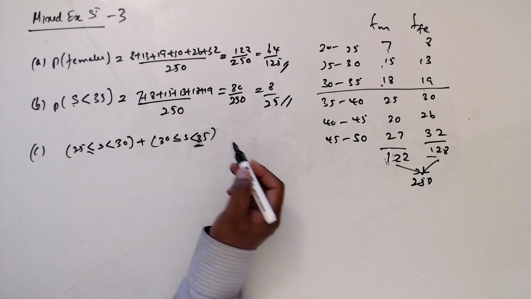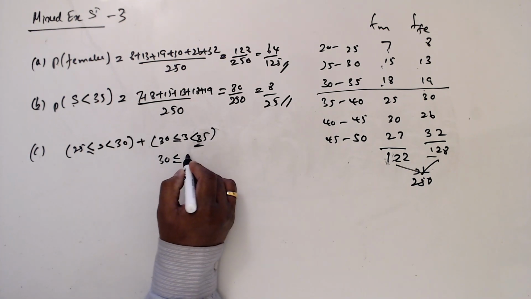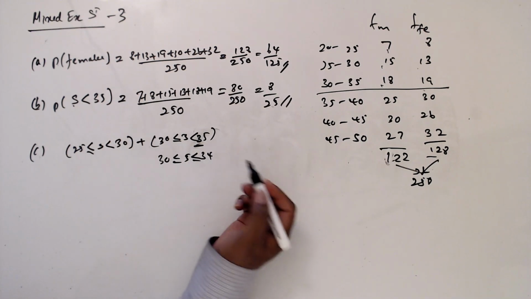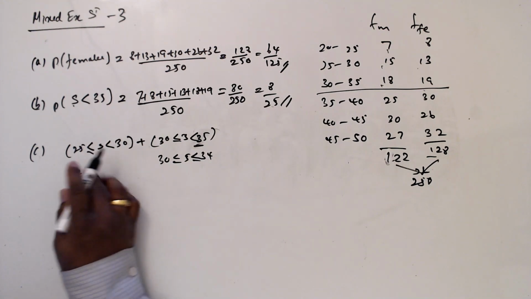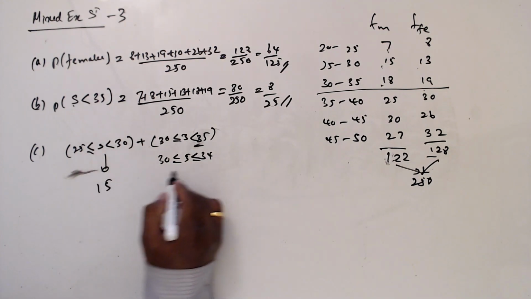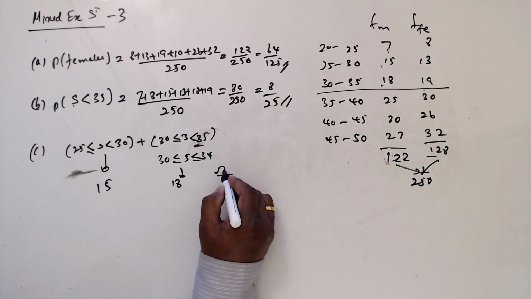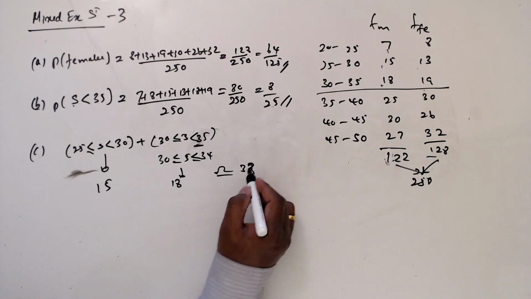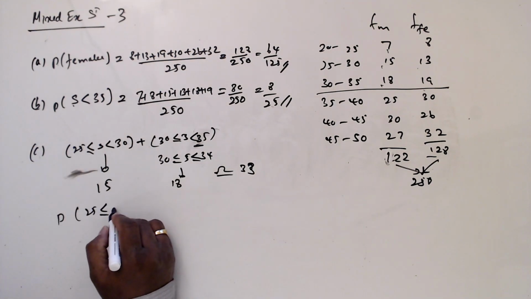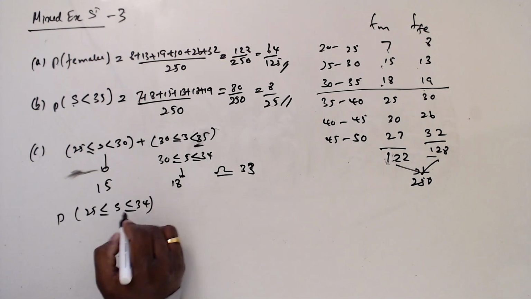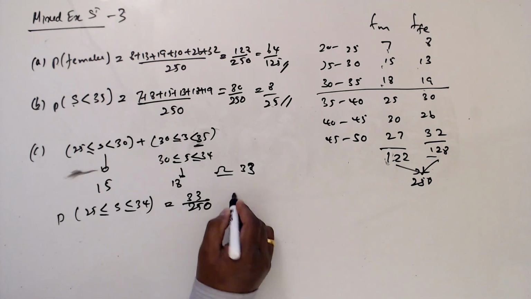So this is not an equal sign. So for 30 to 34 we can consider like this: for this amount 15, for here it is 18. So approximate value 33. So probability of a score from 25 to 34 is 33 out of 250.